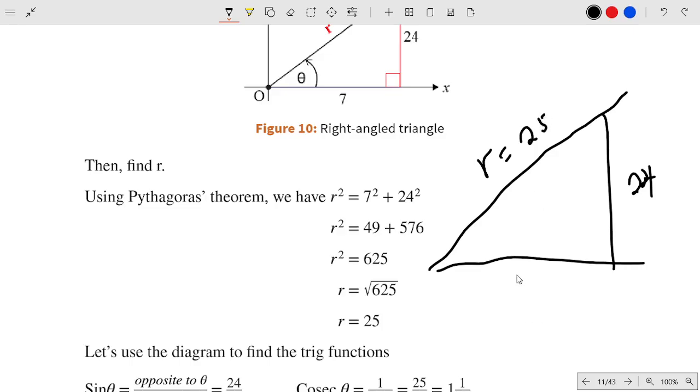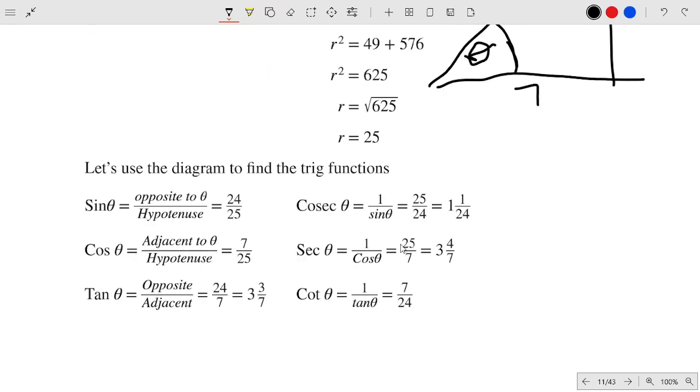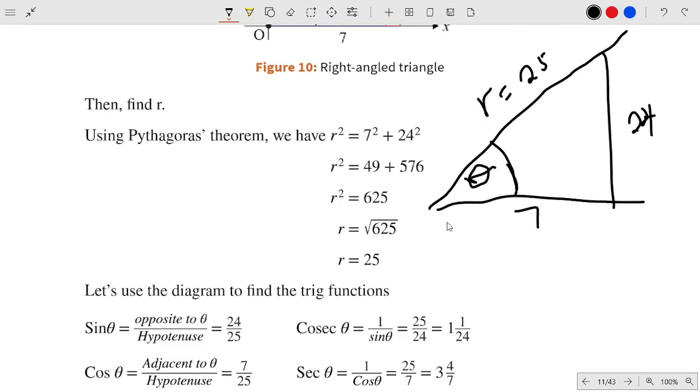Then this side we have 7. We have the angle theta here. Sine is equal to opposite on hypotenuse. This is the hypotenuse and we have the opposite, so sine will be 24 divided by 25, as we have here.